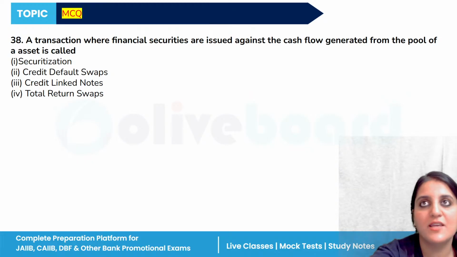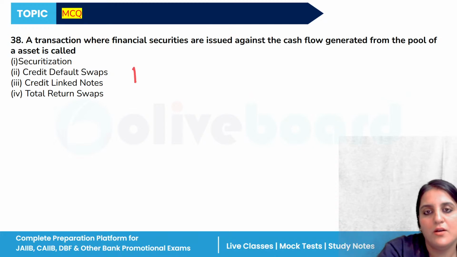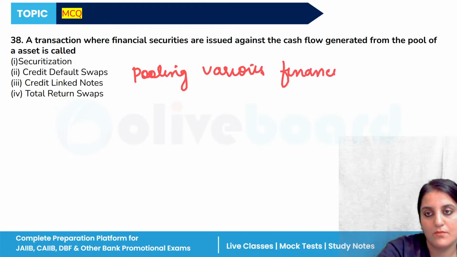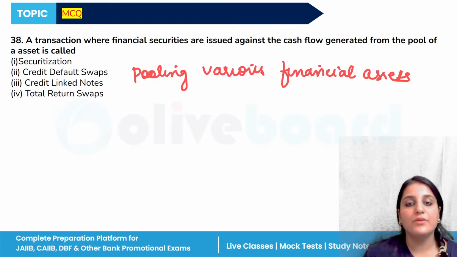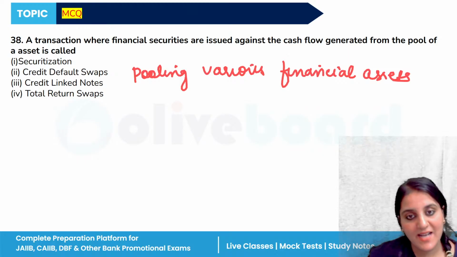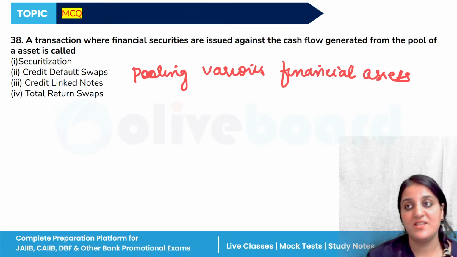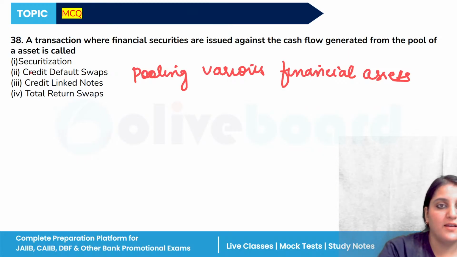See, securitization is the process of pooling various types of financial assets, such as mortgages and car loans, that can be sold to investors. The cash flows generated from the underlying assets are used to pay interest and principal to the investors in the securities. So here securitization is the correct answer.